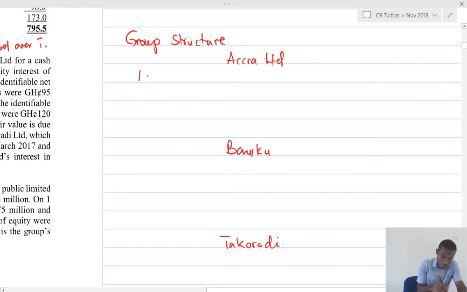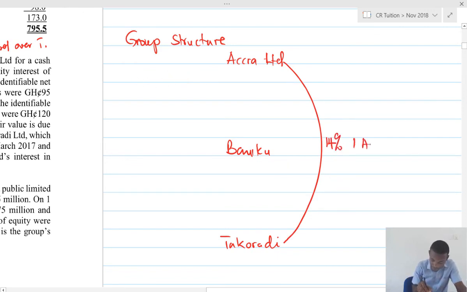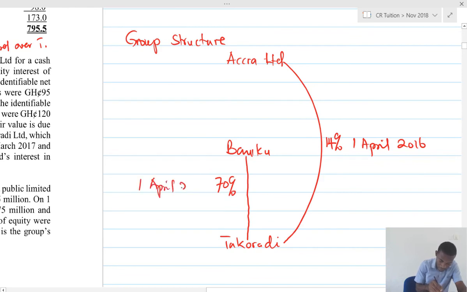So I want to establish the dates here. 1st April 2016, the investment was 14%. So let me indicate that here instead. 1st April 2016. Then Boko had 70% on the 1st of April 2016, which is 2 years ago.